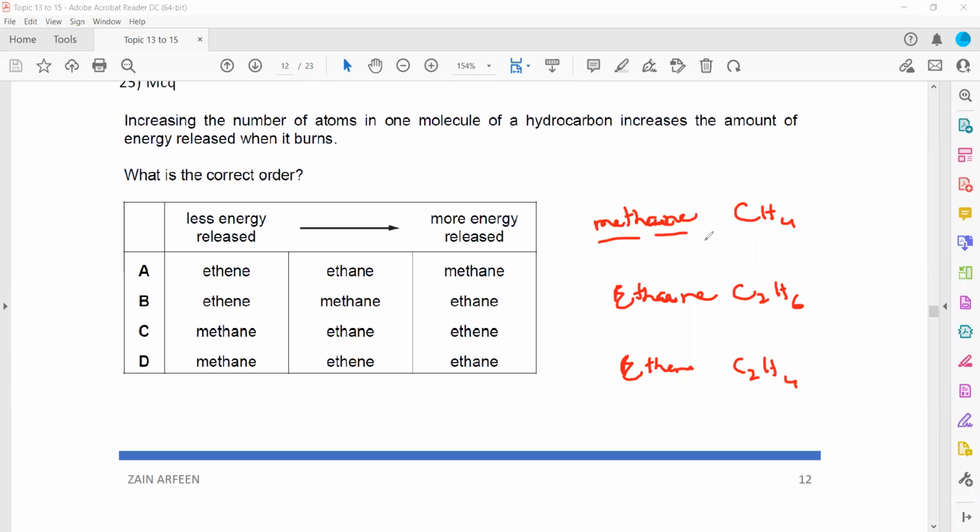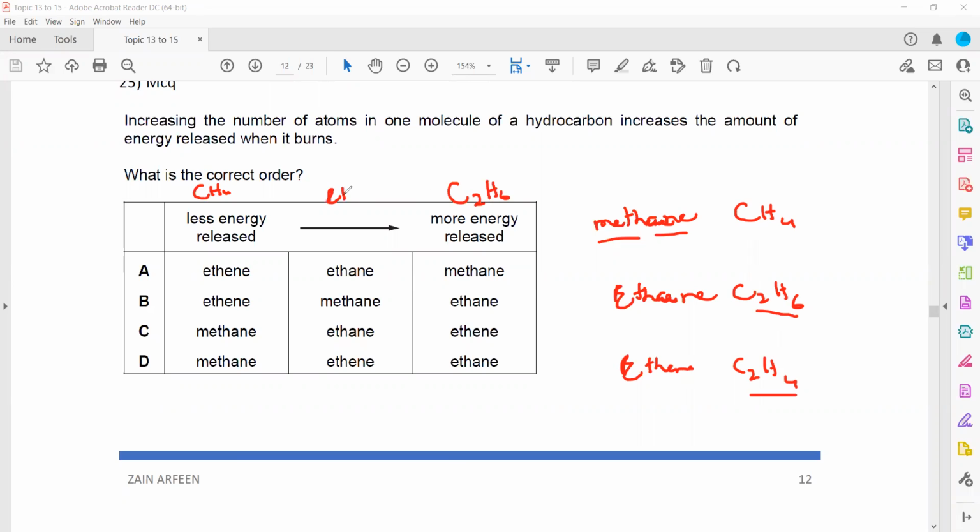They're saying the one which contains more carbon atoms, more atoms or more bonds will have a high combustion energy released. So the most energy released will be by C2H6, as you can see ethane contains C2H6 and ethene is C2H4, and the least energy is from CH4.